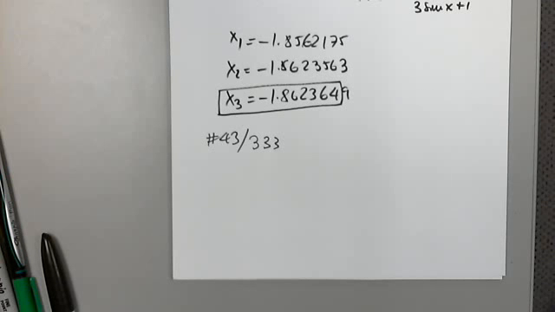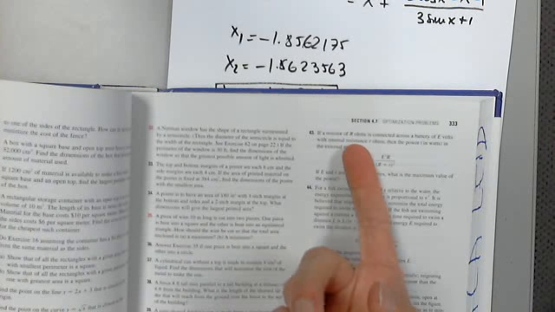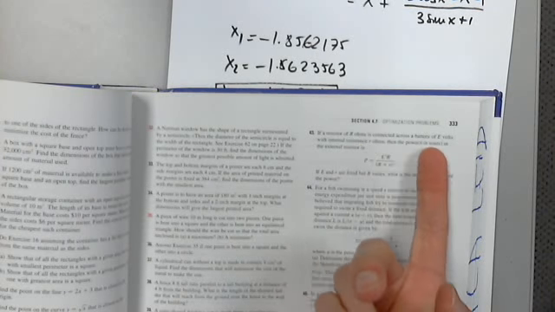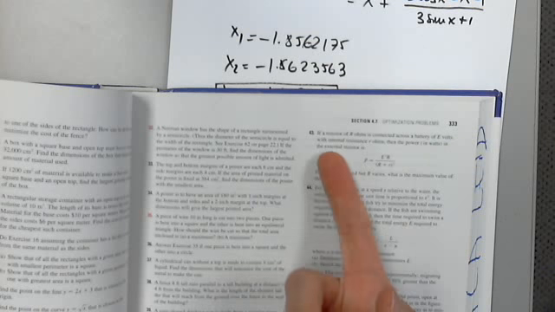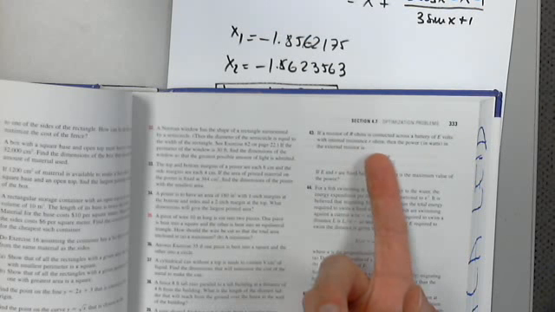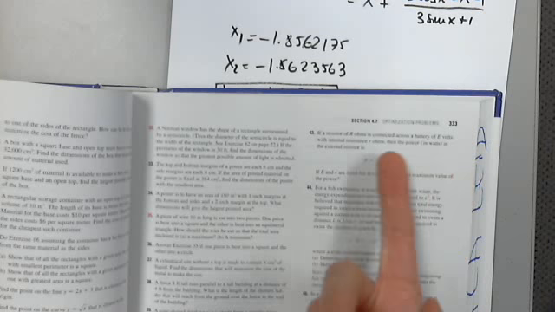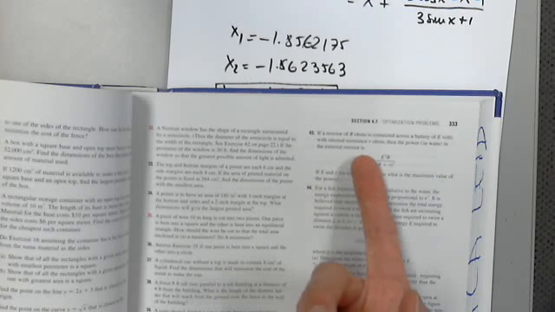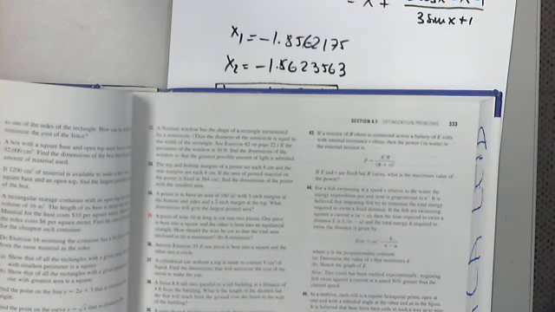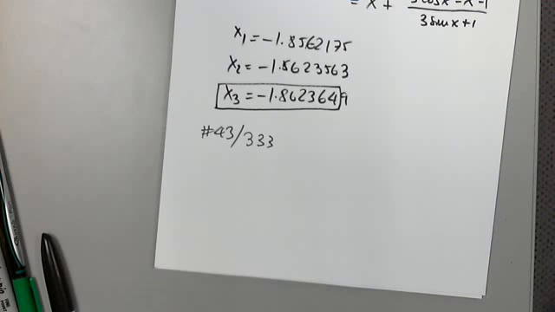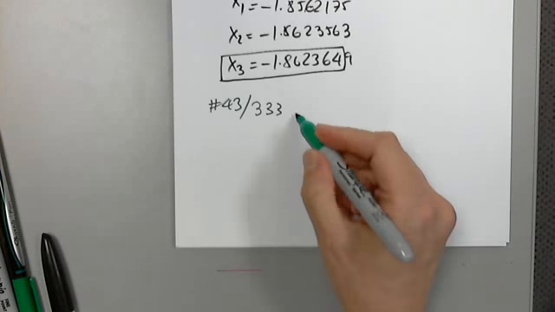So let's take a look. If a resistor of R ohms is connected across a battery of E volts with internal resistance r ohms, then the power in watts in the external resistor is this, and I have to copy the power. It's nice that we are given the function.